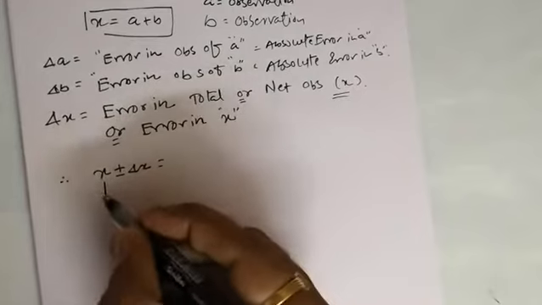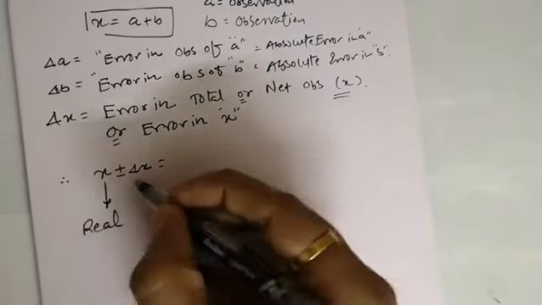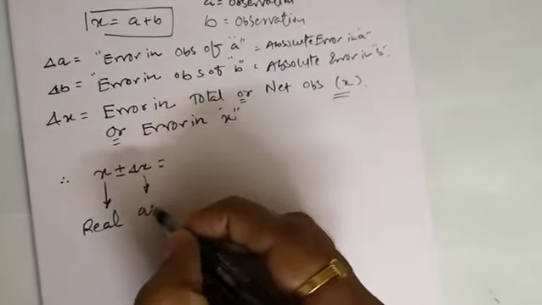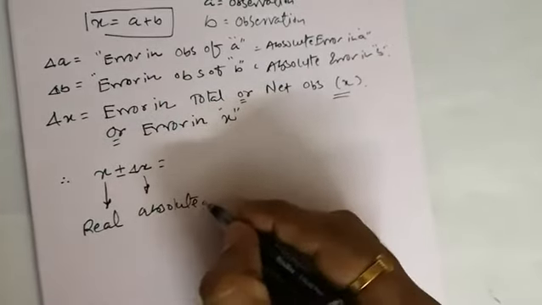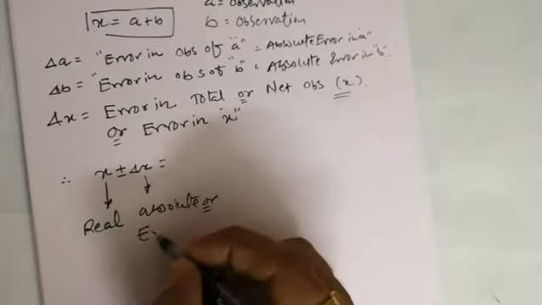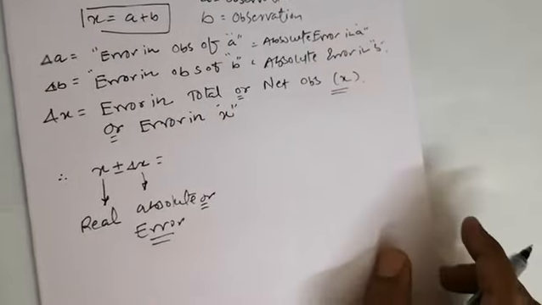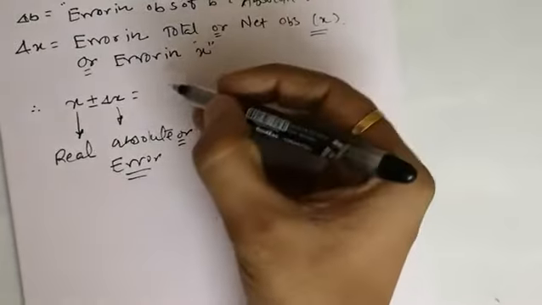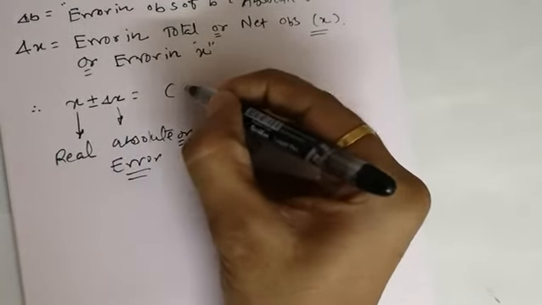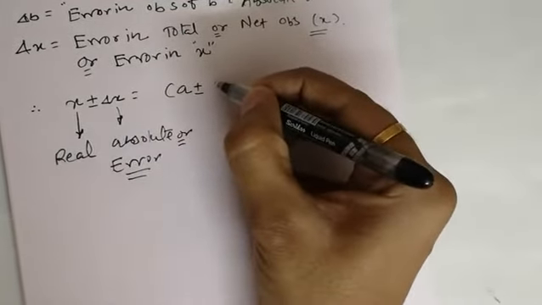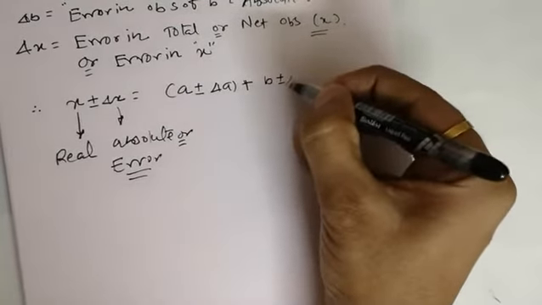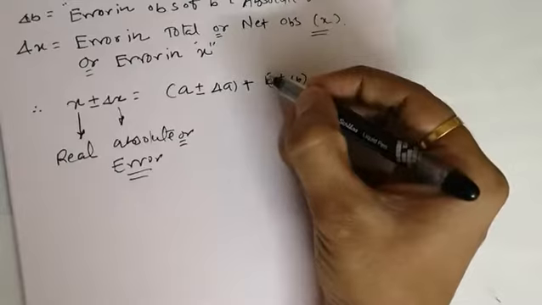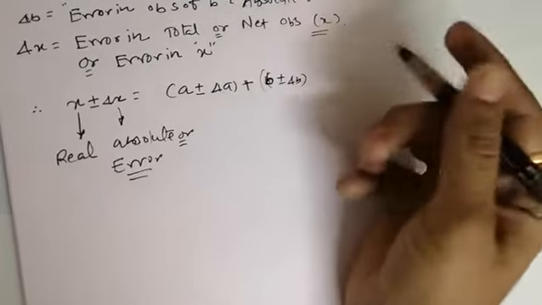Always remember that the very first one is always our real observation and the next one is called the absolute, or you can say the error part. So these are always notated as x plus or minus delta x. So first of all a plus or minus delta a, and b plus or minus delta b. So these are the things we have to mention, the error in a and the error in b.